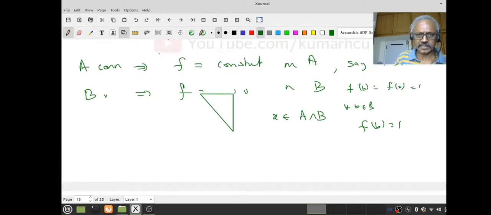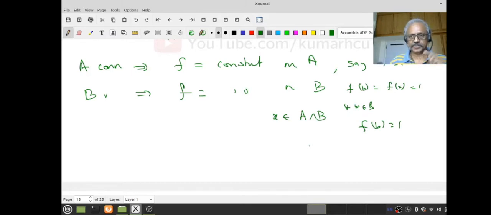Forget this rectangle, this is nothing to do with the triangle. So F is a constant on B; fix a point. Therefore, for any arbitrary b, F of b must be equal to F of x.